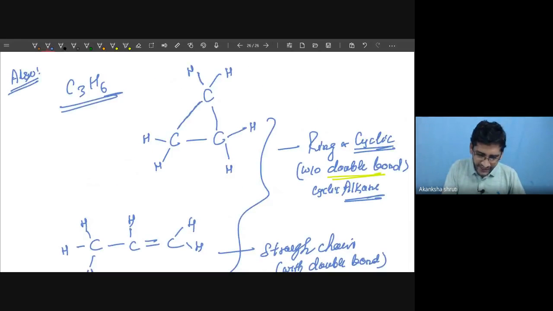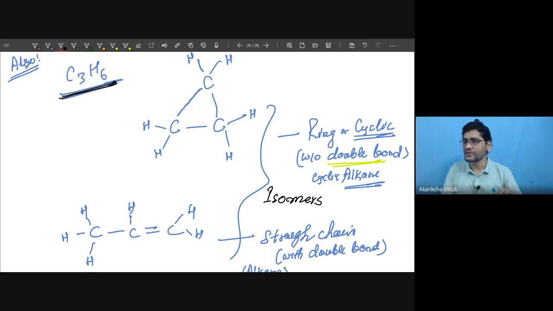So these two different structures are called isomers of each other. That means for the same molecular formula, different structural formulas are called isomers. And this phenomenon is called isomerism, like allotropes and allotropism.